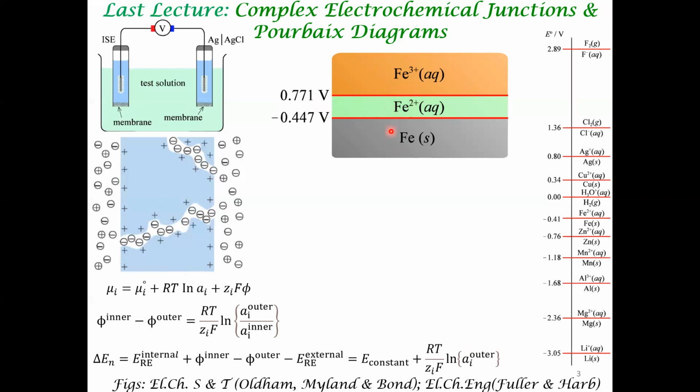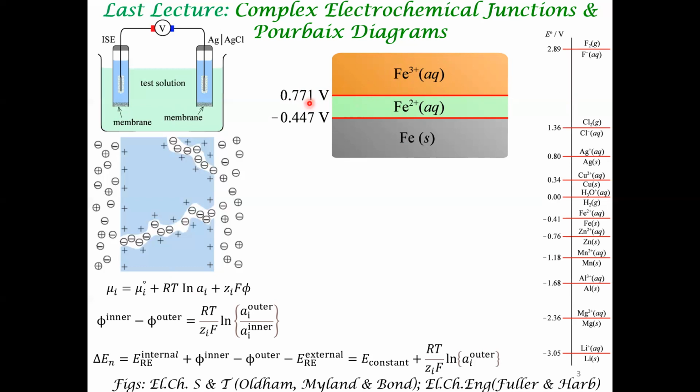When you keep increasing the potential into the anodic region, that is, make it more and more positive, first you would see Fe2+. That is, if you are more positive than negative 0.41, you would see Fe2+. Then as you increase the potential further in the anodic direction, you would also see a transition to a higher oxidation state.